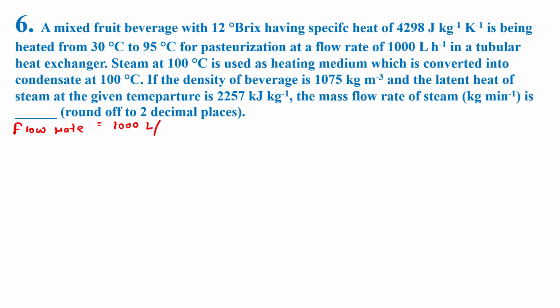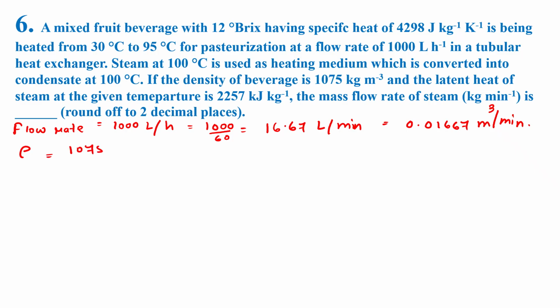If we'll convert it to minute, that is 1000 by 60, or 16.67 liter per minute, or meter cube per minute, we'll just again divide, 0.01667 meter cube per minute. Okay, density, it is given 1075 kg per meter cube, and we have to calculate mass flow rate.